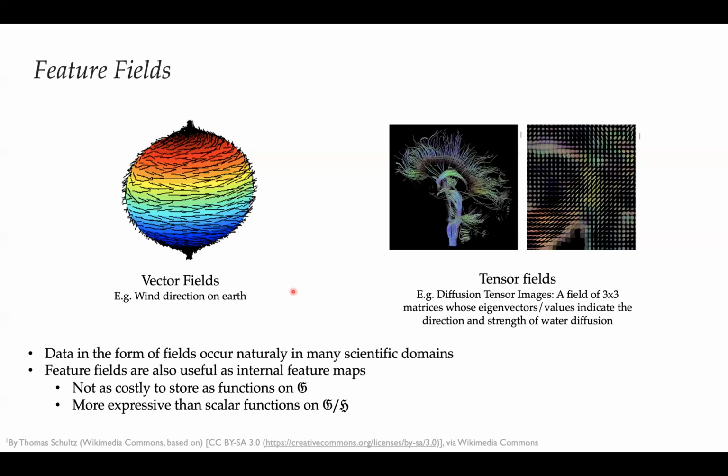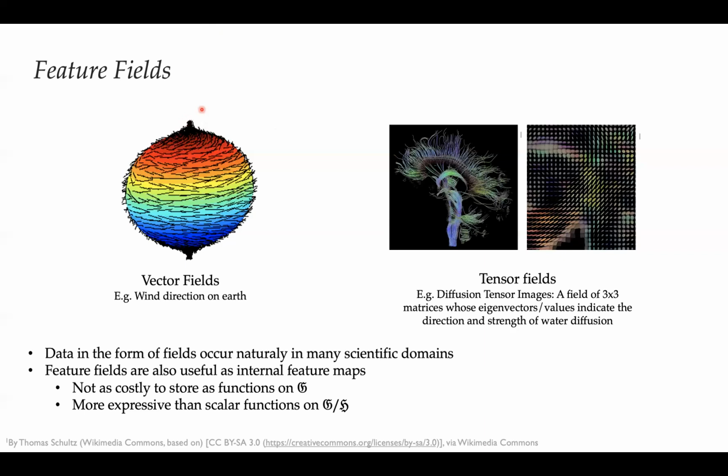For this, you can think back, for example, to the lectures on spherical CNNs, where we started with a scalar signal on the sphere, and we saw that our group convolution would produce a feature map on SO3.